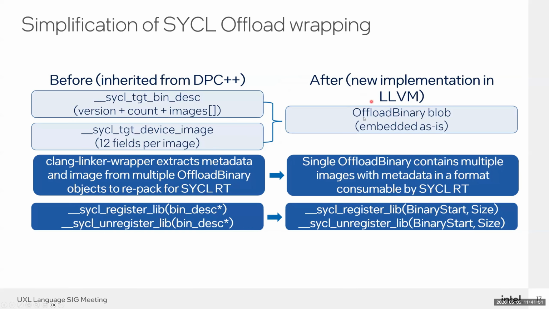We are entirely utilizing the offload binary with all its serialization, deserialization code. So nothing specific to SYCL in the format itself. Though, of course, when we put metadata inside the offload binary, we put it in some format which SYCL runtime can read.